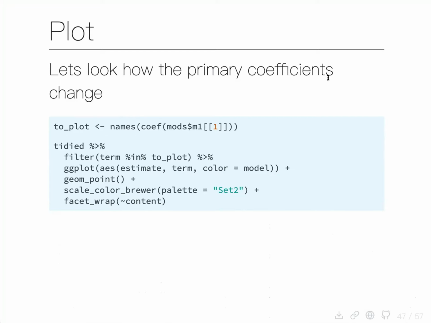So we're looking at how the primary coefficients change. So basically, I'm saying just give me the coefficients from the first model, and then I'm saying in tidied, filter where the term is in toplot. Okay, so toplot is just the names of those coefficients.